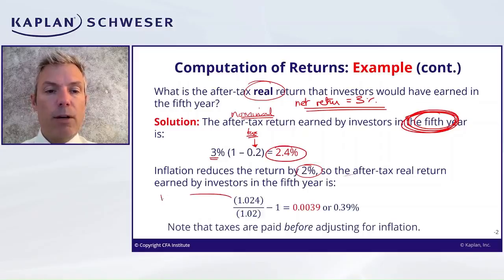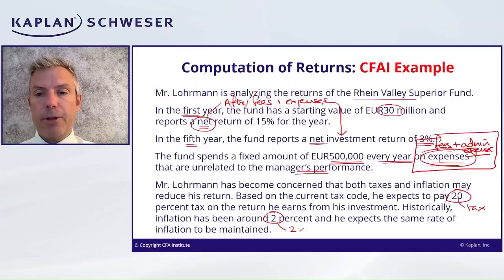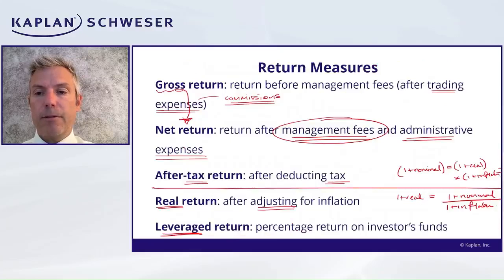We're going to take 1 plus the nominal after-tax return and divide through by 1 plus inflation. This is harking back to the relationship I wrote up here. This is called the Fisher relationship. What you get in nominal terms is actually a compounding of real returns and inflation. What you demand in nominal terms should be compounding your requirements for real returns and your expectations for inflation.